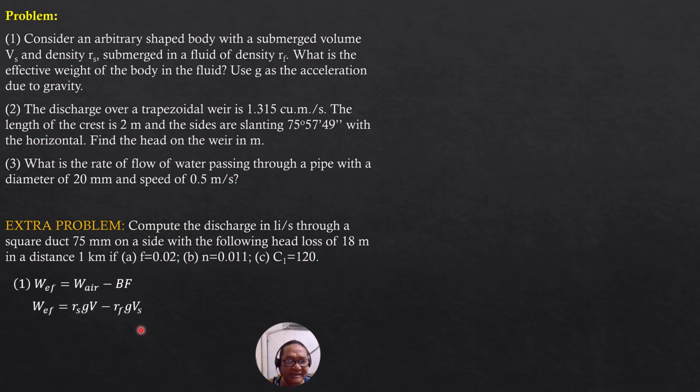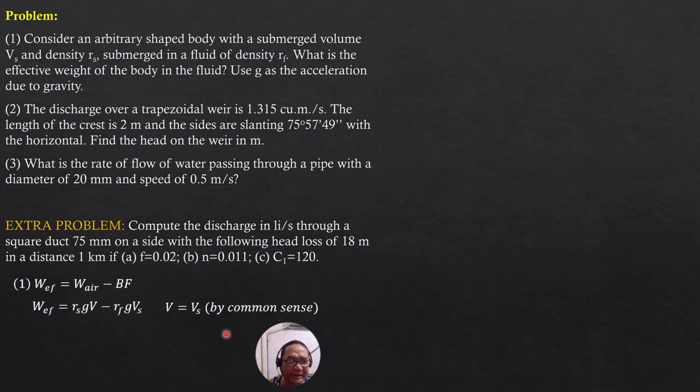So as I said, V equals V sub S because the body should be held by a cord, suspended fully submerged in the fluid, or else it will sink. So you cannot determine the effective weight of the body for that case. So it should be held suspended, fully submerged in that fluid.